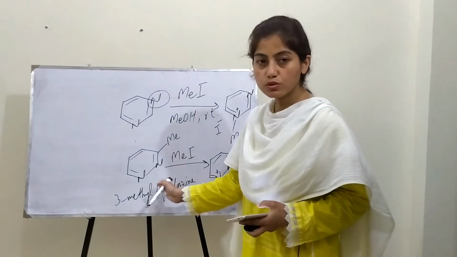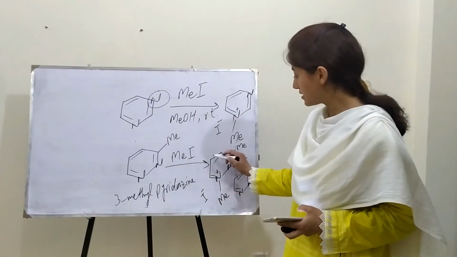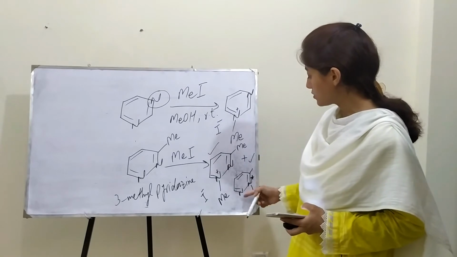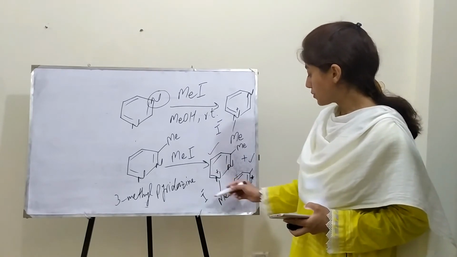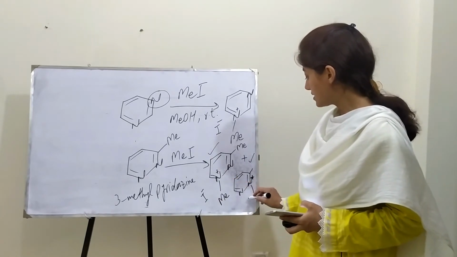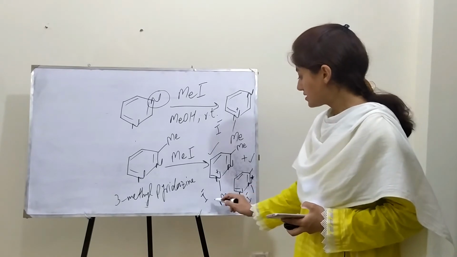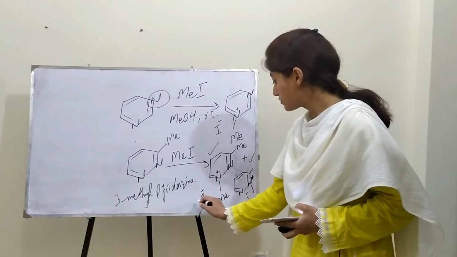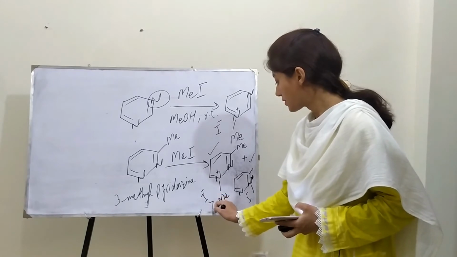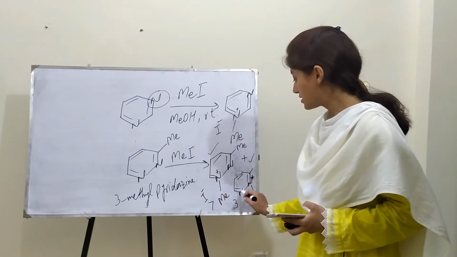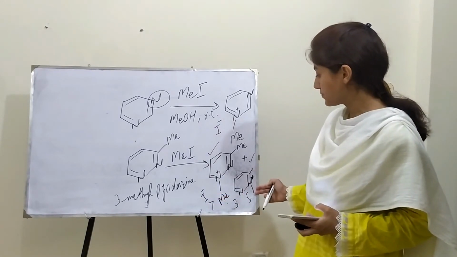So both of these products may form, either this one and also this one, but the proportion for these is 70% this product would be formed and 30% of this product would be formed.